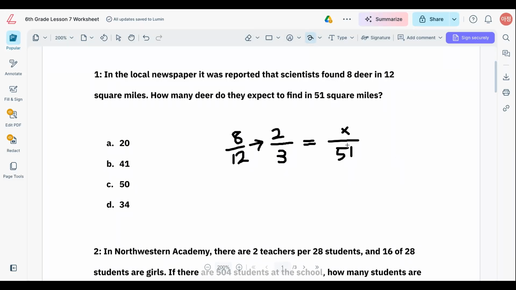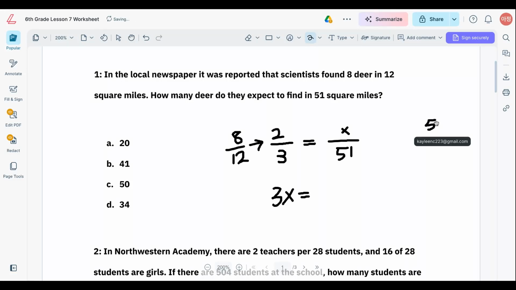So 51 times 2, we cross multiply this way, and then this way. Then 3 times x would be just 3x equals 51 times 2.